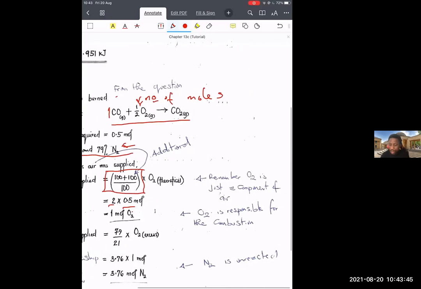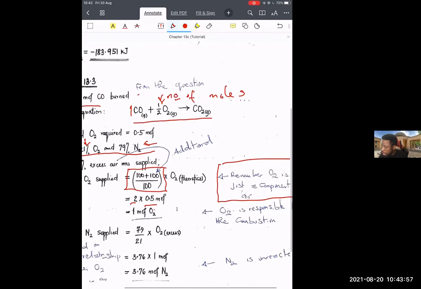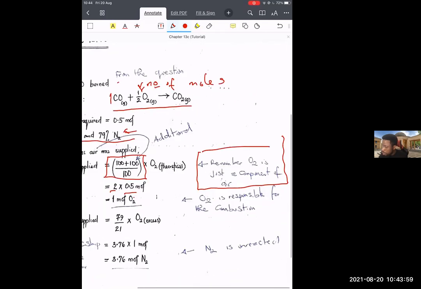Another thing I want you to note, which I've written here, is that oxygen is just a component of air. I've talked about that. It's just a component, nitrogen is still involved, and O2 is responsible for the combustion.